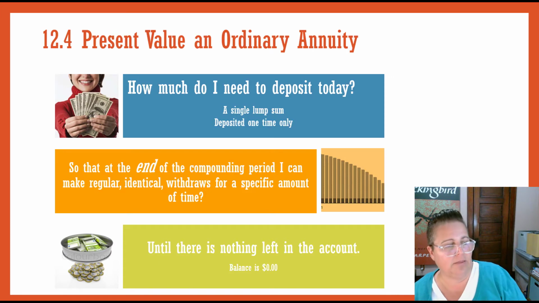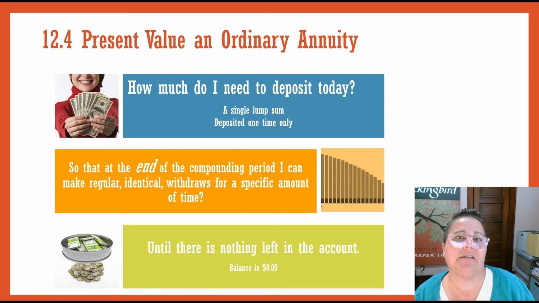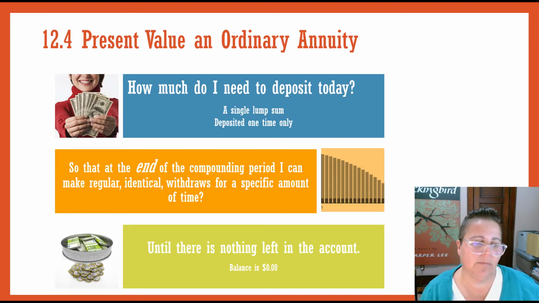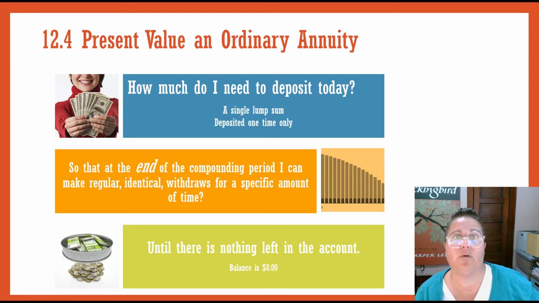And at the end of month 2, there might be $3,615 in that account. But at the end of month 2, I'm going to take out another $400. So now there's $3,215 in that account. But I'm also going to earn a little bit of interest in the next month, maybe $14.